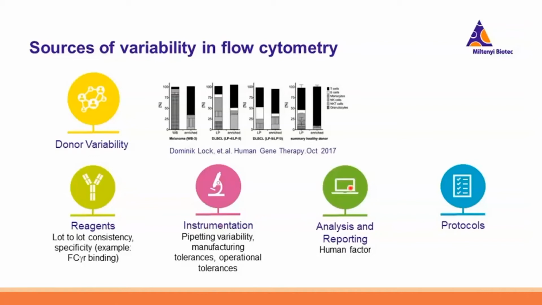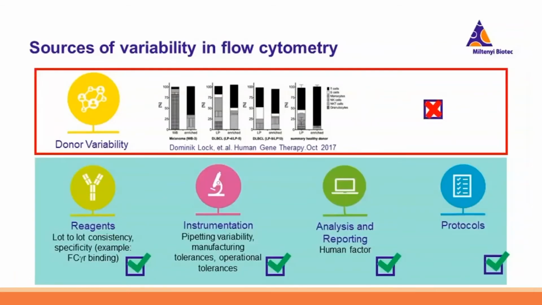And of course, some variability also arises from the data analysis and the protocols being used. In today's presentation, I would like to focus on some of this variability and how we try to solve these issues with our solution.